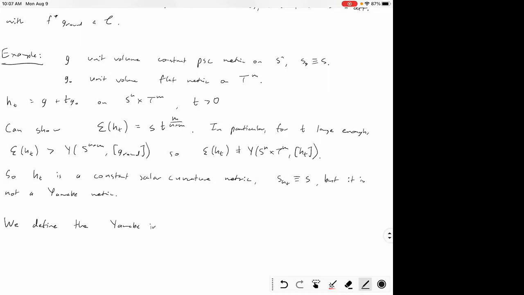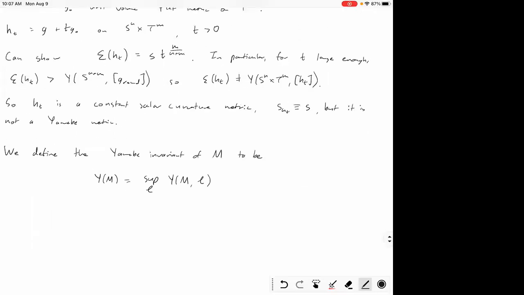We define the Yamabe invariant of M to be Y(M), which is just the supremum over all conformal classes of these Yamabe constants. Right? So it's the supremum over all conformal classes of the infimum of all metrics in a given conformal class of this functional.